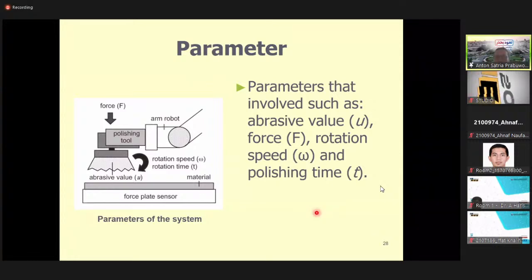These are the parameters involved in this modeling part. We put the abrasive value, force, rotation speed, and we also consider the polishing time. When we put more force, we get more polishing time, and then we get a better result, based on the experiment.